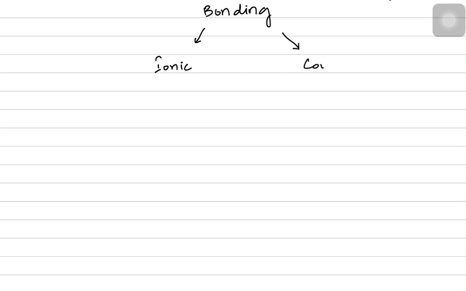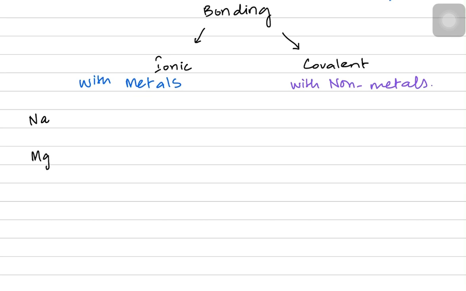In ionic bonding with metals, the group 7 halogens make halides, which are negative ions. So they go with positive ions and make compounds with metals like sodium, magnesium, calcium, iron, and copper. These metals will make ionic bonding.